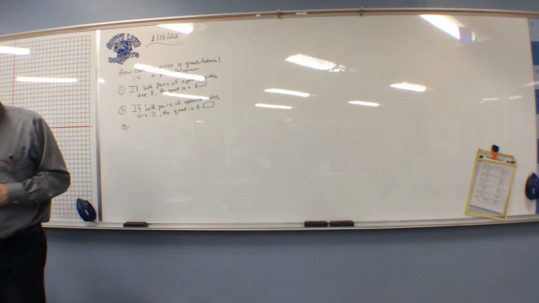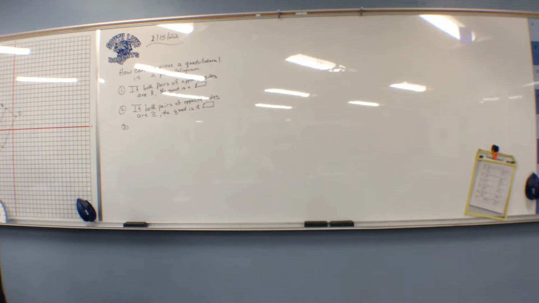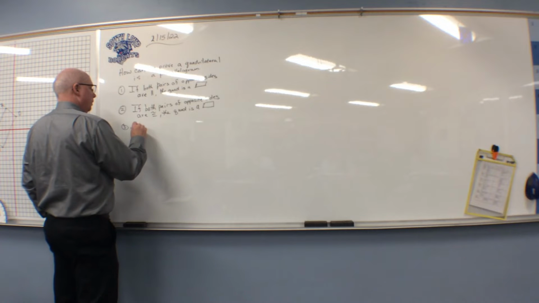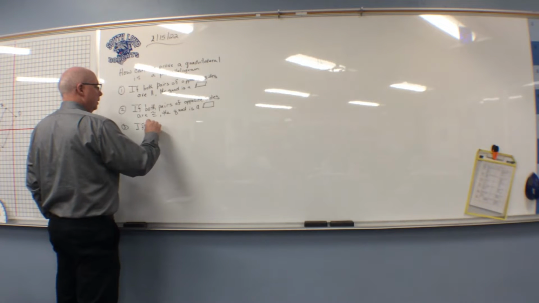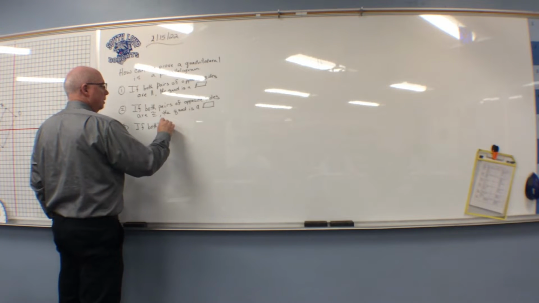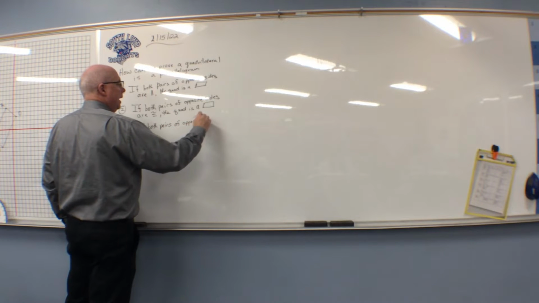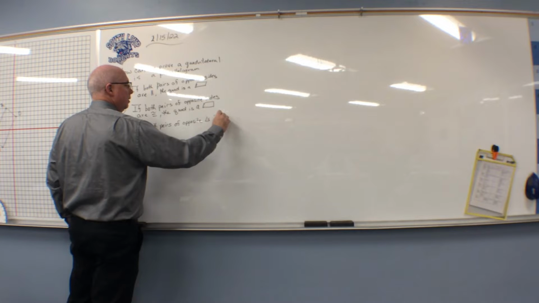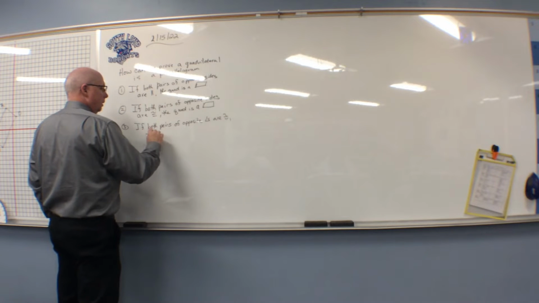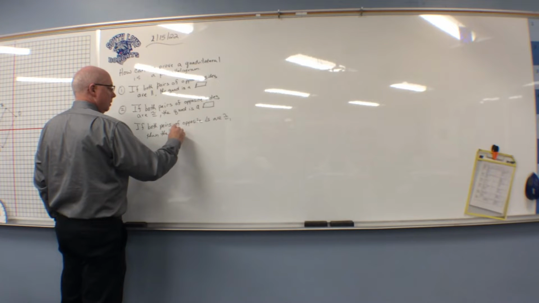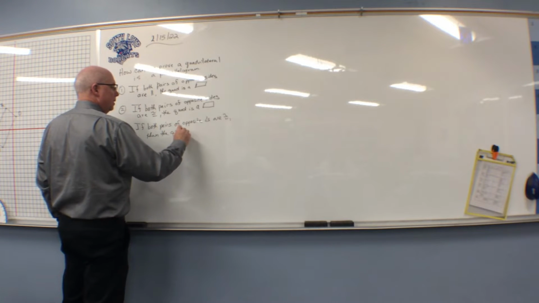The next one says if both pairs of opposite angles are congruent, then the quadrilateral is a parallelogram.